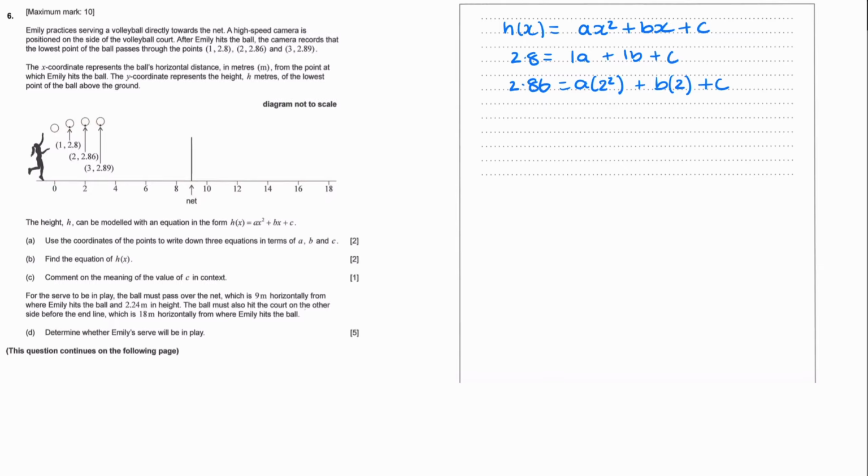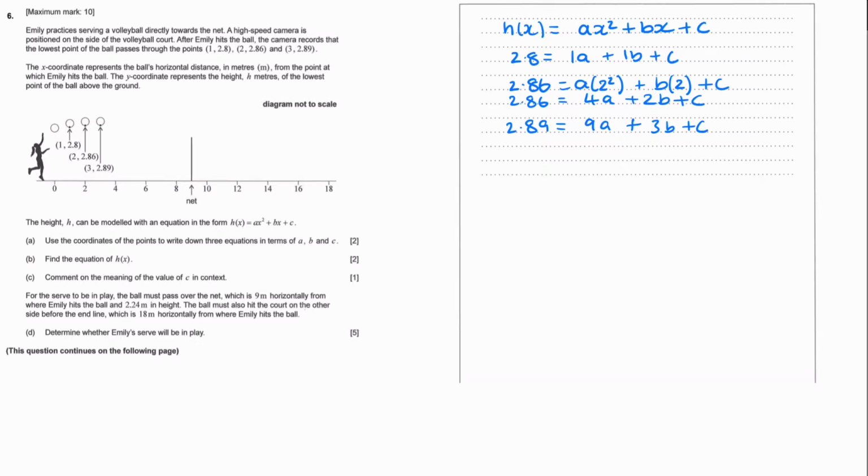And I'm going to rewrite that one as 2.86 equals 4a plus 2b plus c. And then I have my next coordinate, which is 2.89. And this happens when x is 3. So this is going to give me 3 squared, so 9a plus b, 3, so 3b plus c.